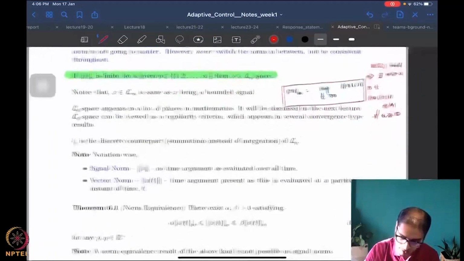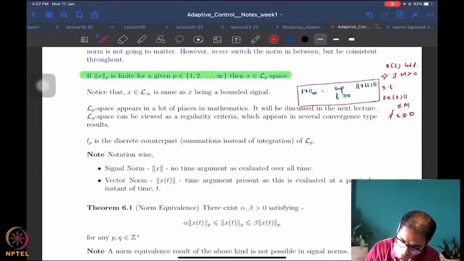Let's see. I can say that, notice that this quantity is less than or equal to M for all time. So what does this imply? This particular piece of information tells me that the supremum for all time of the norm of x(t) is also less than or equal to M.